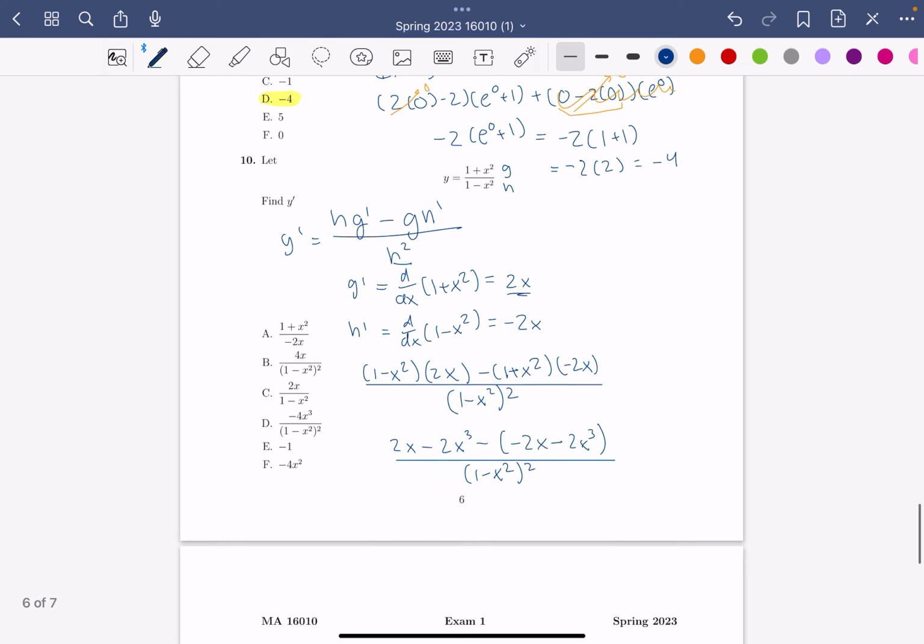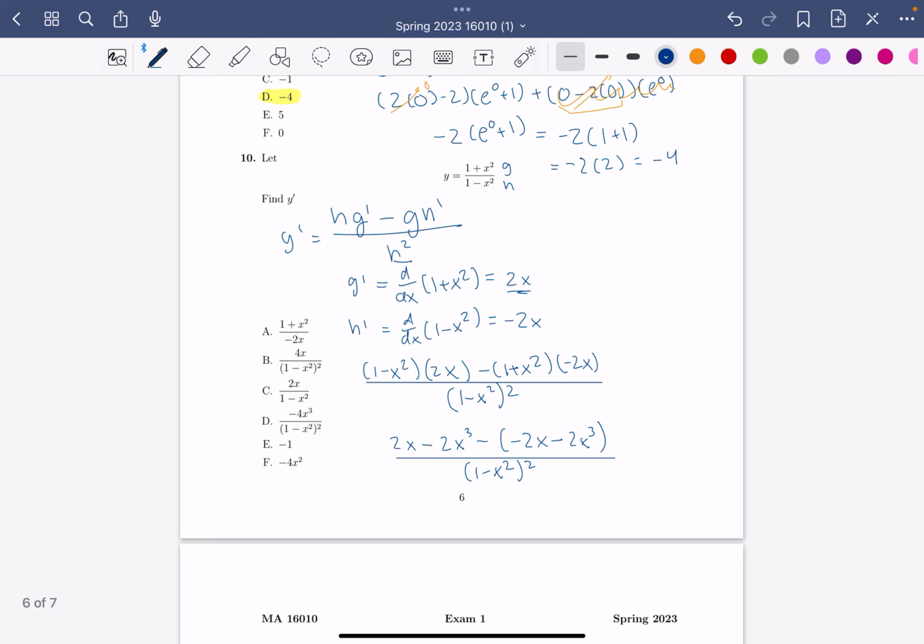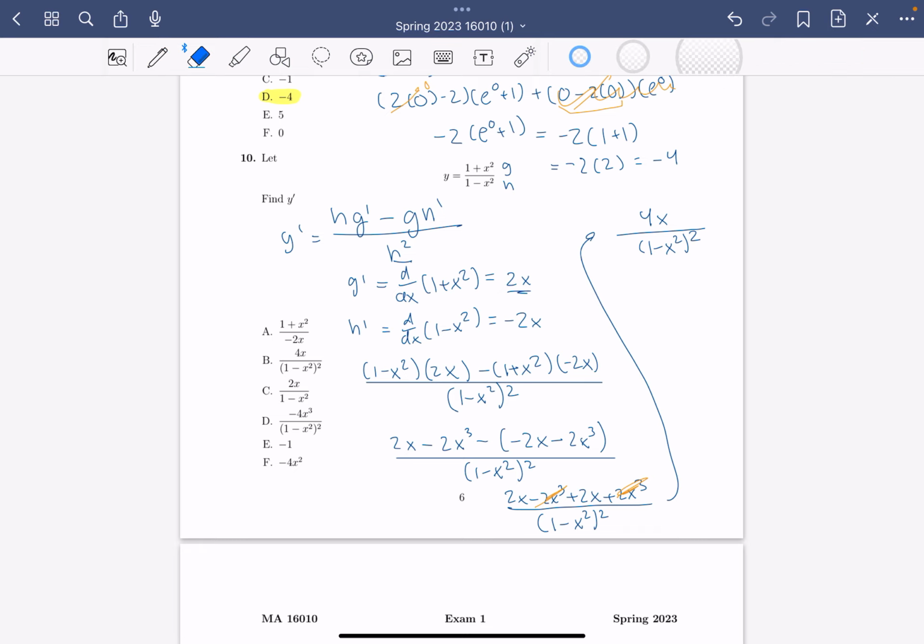Now we're going to simplify again, which would give us 2x minus 2x cubed plus 2x plus 2x cubed, over 1 minus x squared, squared. We can see that the 2x cubed terms cancel out, and we are left with 4x over 1 minus x squared, squared, or B.